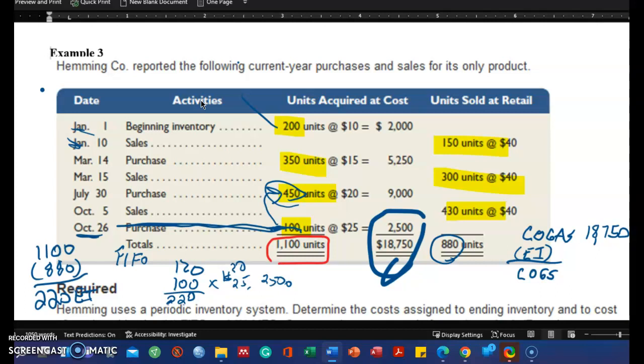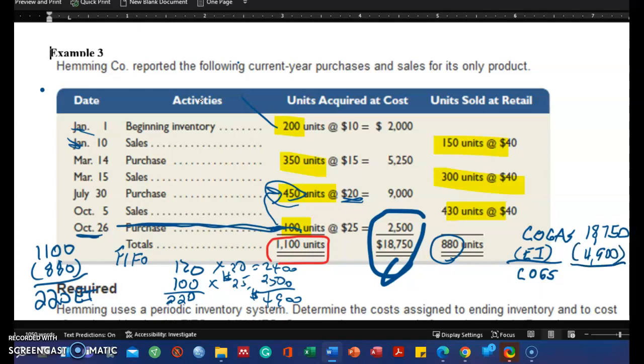So 120 of this July 30th layer was not sold. Everything else was. So 120 times $20 equals 2,400. I just did it in my head. Yep, 2,400, plus 2,500 is 4,900. That is ending inventory.